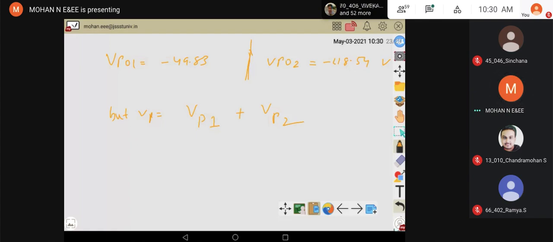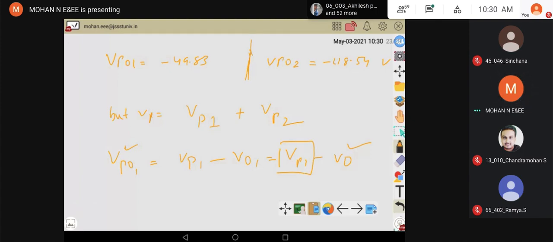So VPO1 is nothing but VP1 minus VO1, where VO1 is the same as VO. We know VPO1, so we can solve for this.